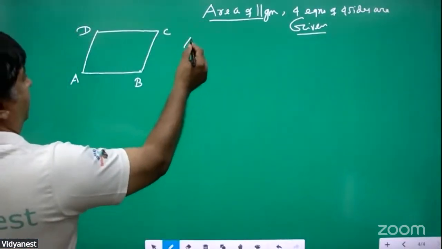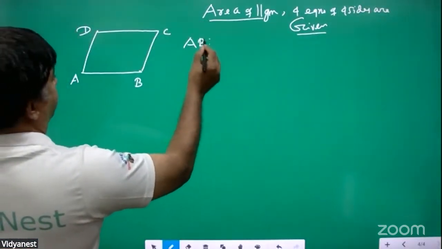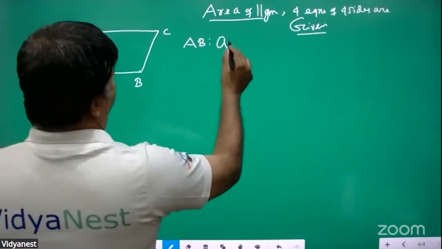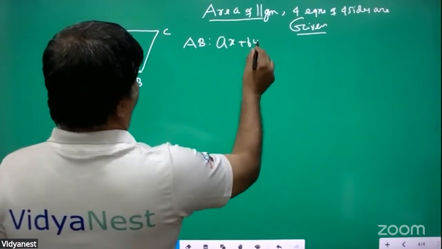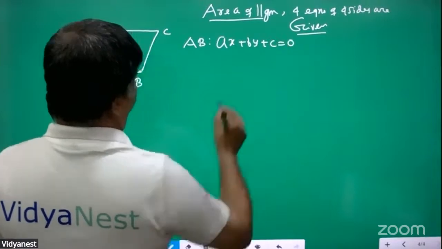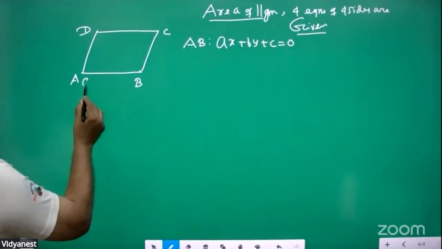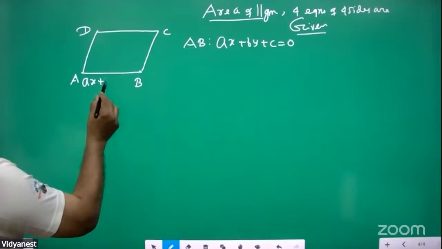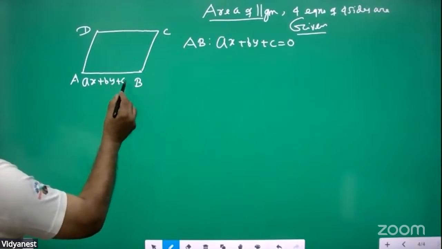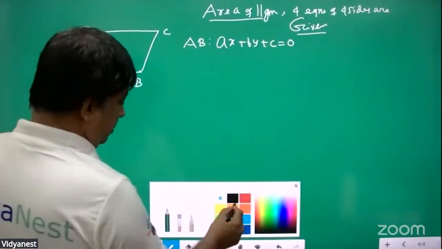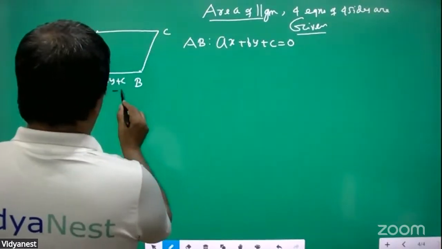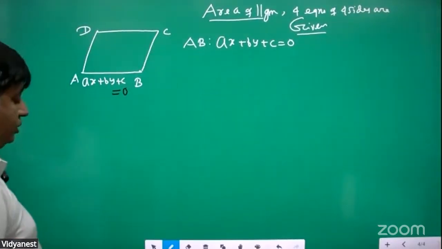Here I am letting AB be ax plus by plus c is equal to 0.